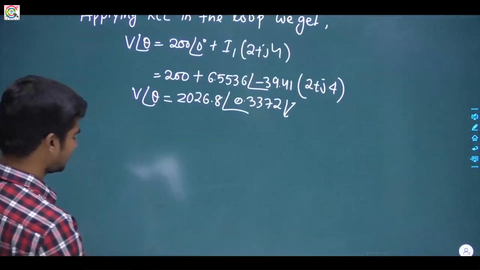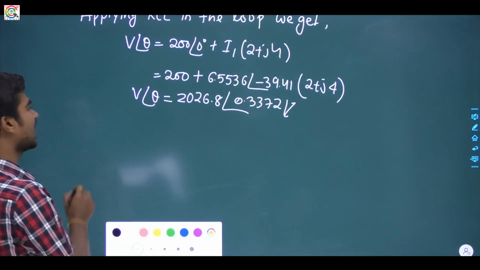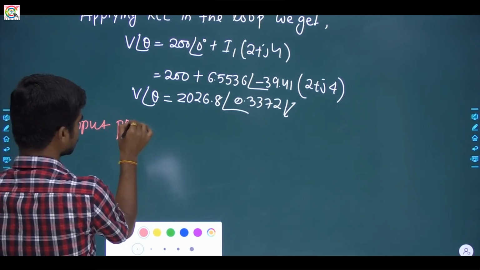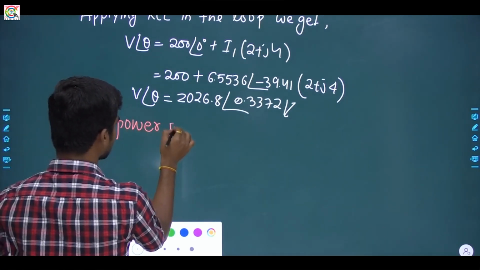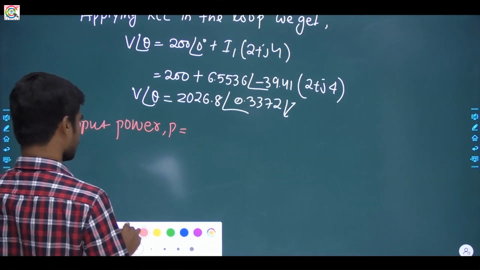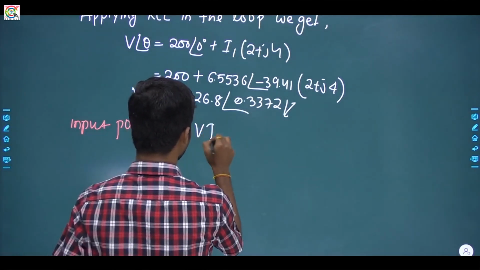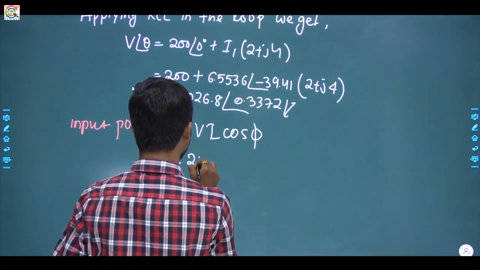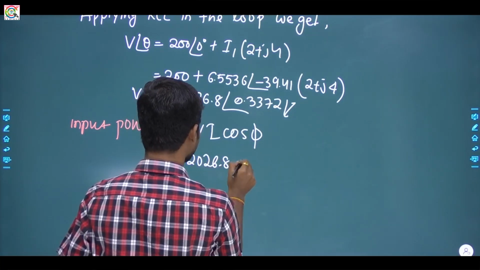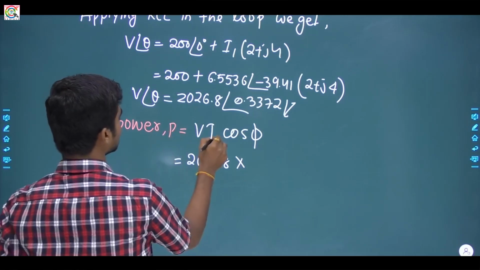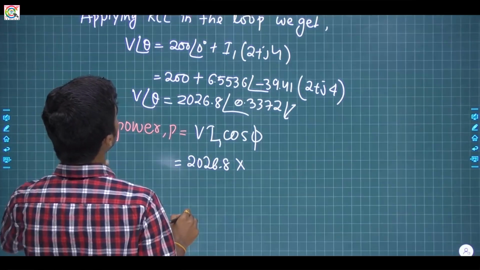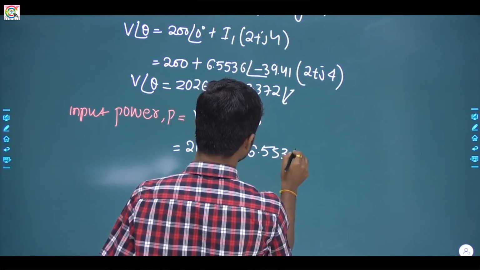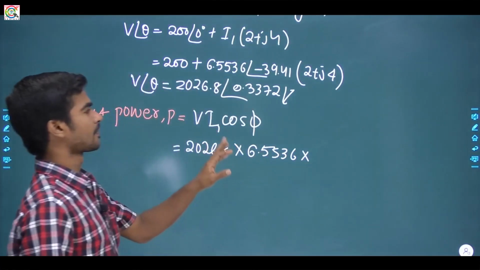Now come to the final target. Our prime target is to find the input power. So can you tell me power का expression क्या होता है? हमेशा it is given by VI cos phi. So V का वैल्यू क्या है? 2026.8 into I, I मतलब यहाँ पे I1, 6.5536 into cos phi.